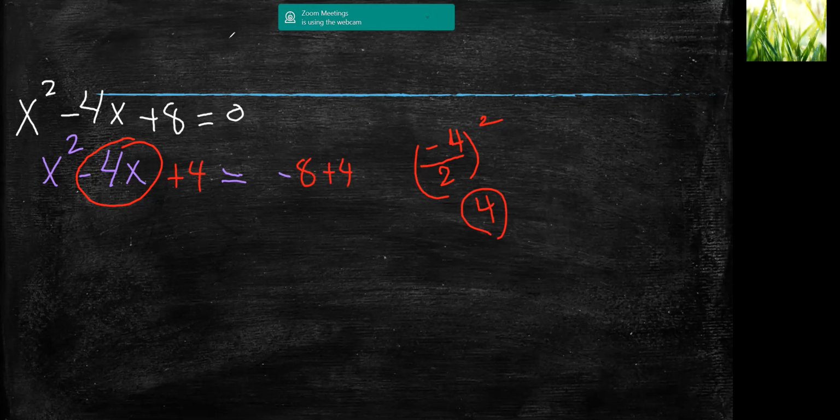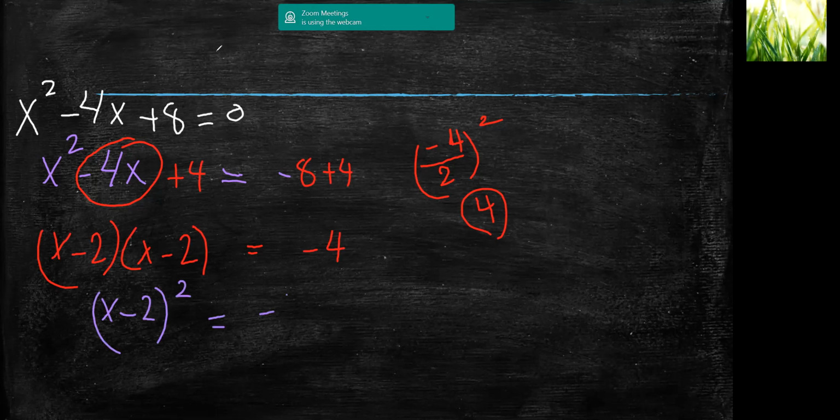So I have an x minus 2 times x minus 2. Is it right if you want to factorize them? Yes. Negative 8 plus 4 is negative 4. Then I have an x minus 2 squared equals negative 4.